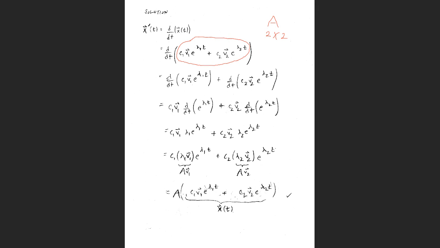And we're going to take the derivative of this candidate that we think is a solution, this linear combination of two eigenfunctions. This v1 times e to the lambda 1t is the first eigenfunction, and v2 times e to the lambda 2t is the second eigenfunction. Let's see what happens.